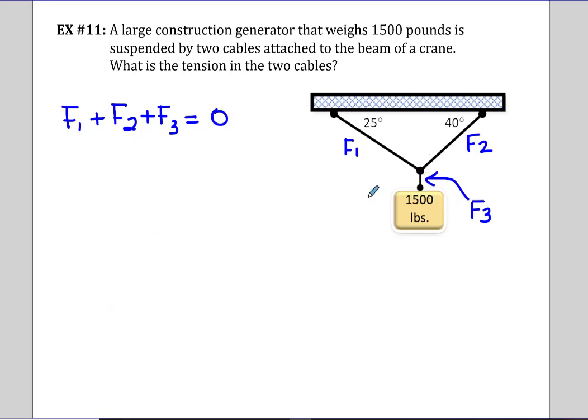And we already know that force 3 is 1,500 pounds in the negative direction, because if you imagine an x and y axis, it's on the y axis. If we put a little dotted line here that's parallel to the beam, you see two parallel lines cut by a transversal.